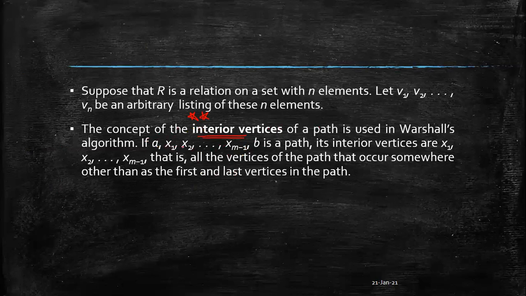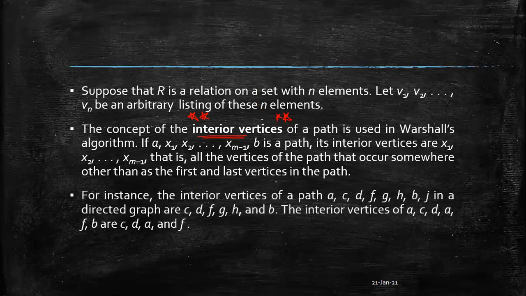So if A, x1, x2 and so on up to xm minus 1, comma b is a path, its interior vertices are x1, x2 up to xm minus 1, that is all the vertices excluding the initial and the terminal vertices. This concept is important if we want to understand Warshall's algorithm.